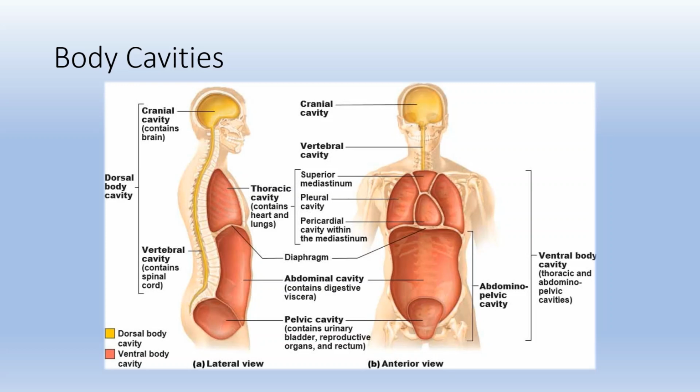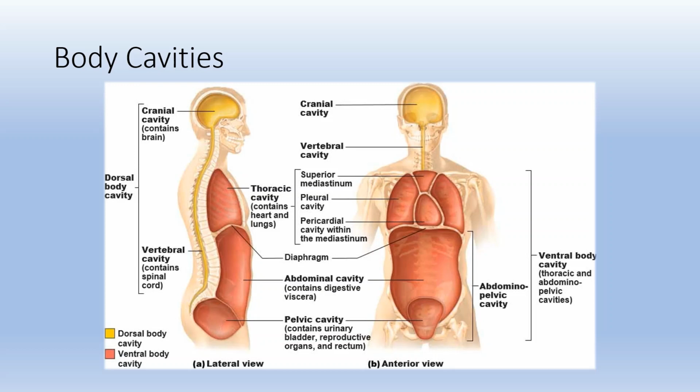Within that mediastinum, though, we find another cavity, and that is the pericardial cavity. The left and right pleural cavities include the lungs, and the pericardial cavity will house the heart.